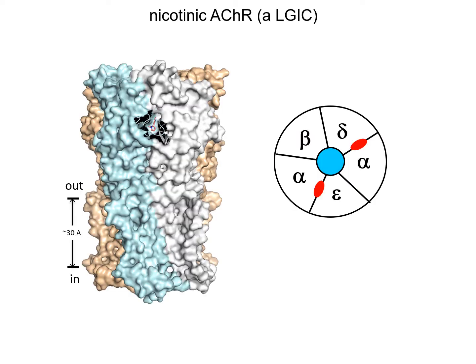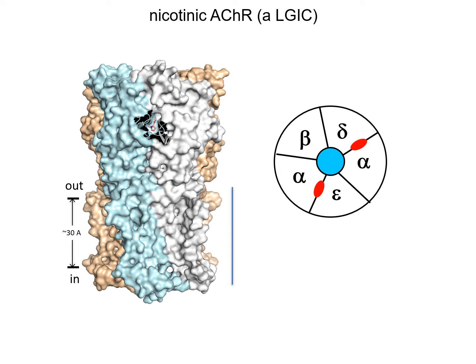So the receptor I will be talking about is a subtype of nicotinic acetylcholine receptor, which is a ligand-gated ion channel. These receptors have 5 subunits arranged around a central ion channel. The molecular weight is about 300,000 in total. In the extracellular domain, there are binding sites for the neurotransmitter and the agonist that we will be considering.